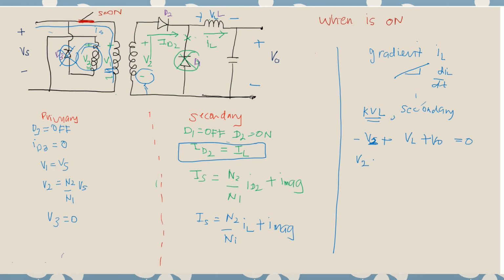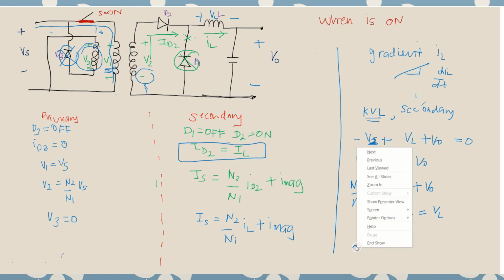V2 equals VL plus V naught. If we replace V2, we get N2 over N1 times Vs equals VL plus V naught. Remember the formula dIL over dt equals VL, and we reshuffle everything.